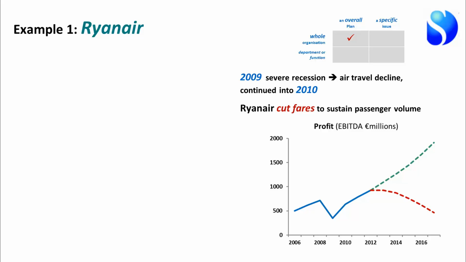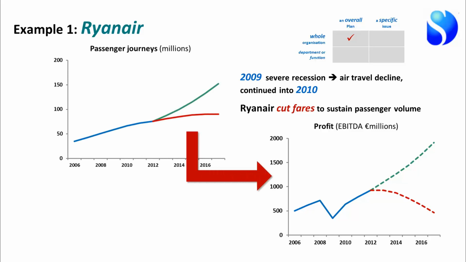But this company cut fares to sustain the passenger volumes during that time. And you can see that far from seeing a drop in the number of passenger journeys they sold, they actually saw an increase. So that fall in profits is more to do with the reduction in fares that they pushed through to keep that passenger growth going than it is to do with loss of passengers. Other airlines were far less able to deal with this situation than Ryanair was.